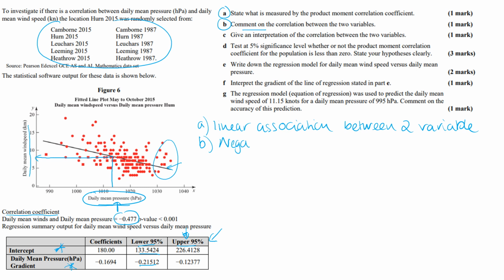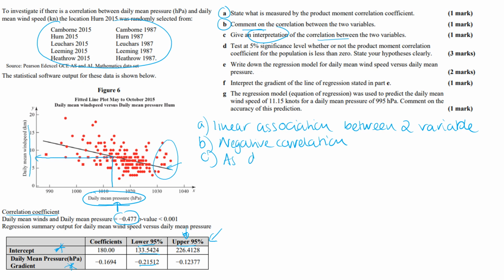It is a negative correlation, as opposed to in part C when we're asked to interpret. So when you're asked to interpret, you are the expert and you've got to relay that information into layman's terms. What does the interpretation of the correlation between the two variables mean in terms of these variables?